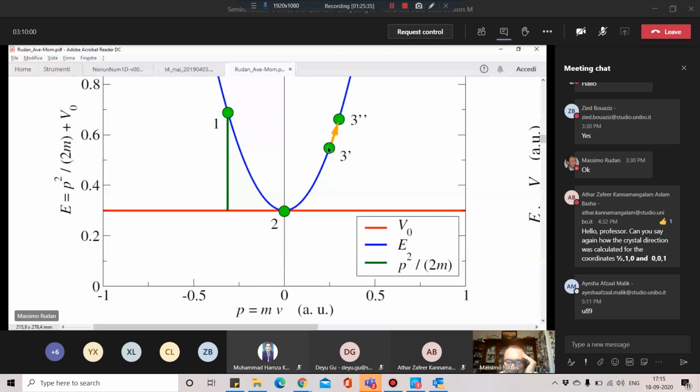So remember, this looks simple, but this is a diagram for a very, very simple situation in which the potential energy is a constant and the diagram has momentum in the abscissa.